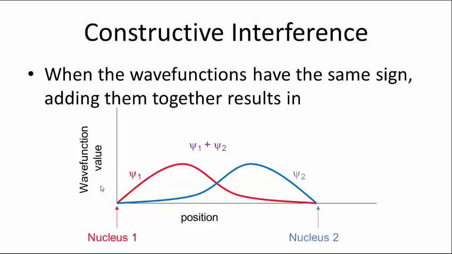So it's going to start out like the graph of psi 1, but then as psi 2 gets bigger, it's going to start to go above the graph of psi 1. And same thing on the other side.